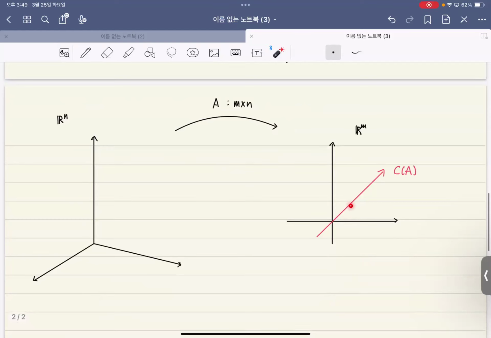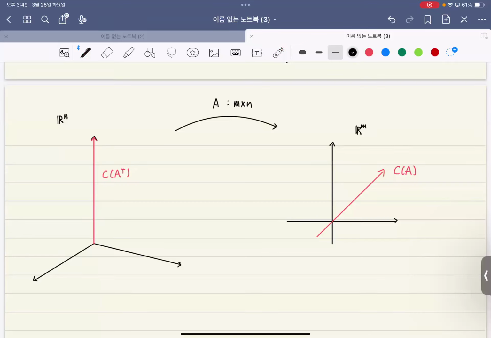So the dimension of this must be the same as the dimension of the row space. I'm going to draw some random one-dimensional vector space from the domain, and I will say this is my row space. And according to our theorem, there is a bijection from this to there.